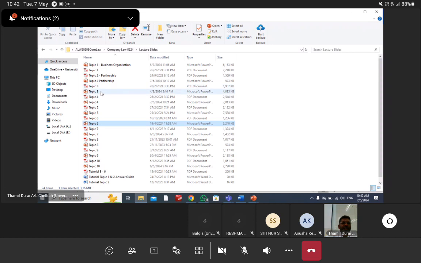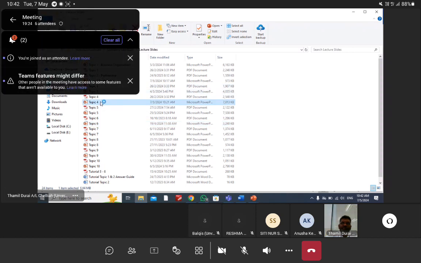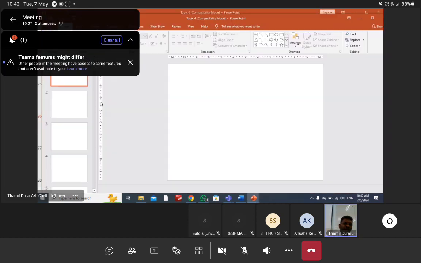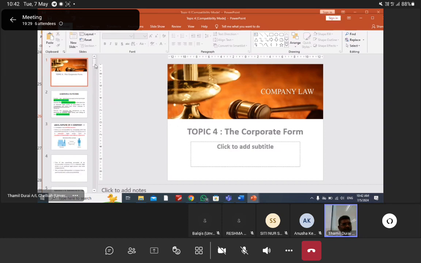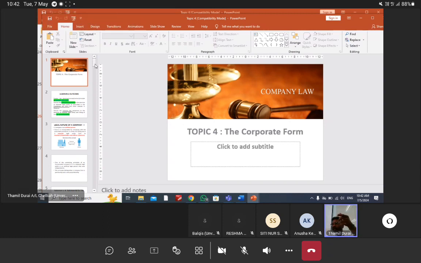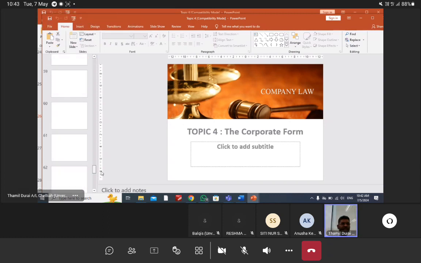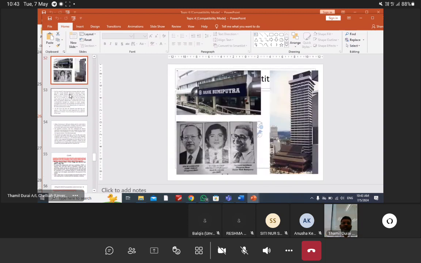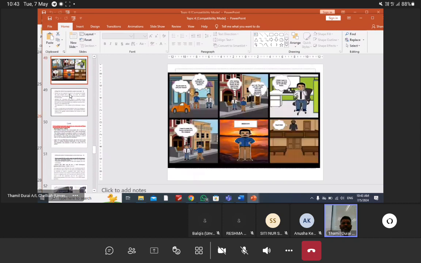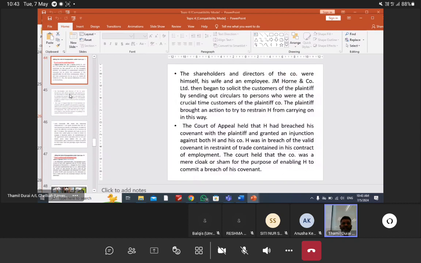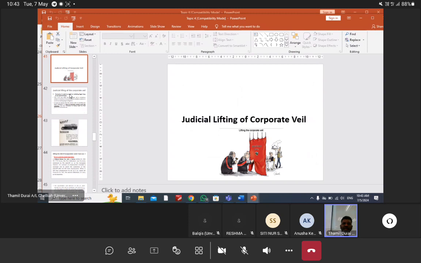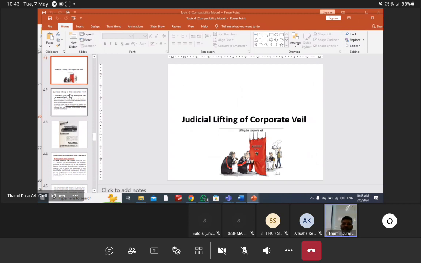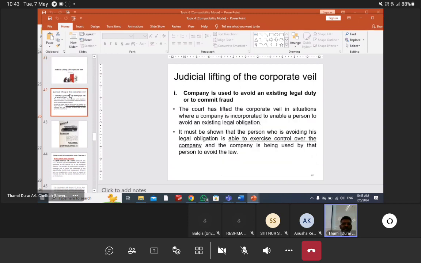So, lifting of your common law, but I still go back to your basic, that separate legal entity. So first you explain what is separate legal entity briefly, then you go to your explanation of these virtues that I mentioned in the past. Okay, judicial lifting, that means common law lifting of veil of incorporation.